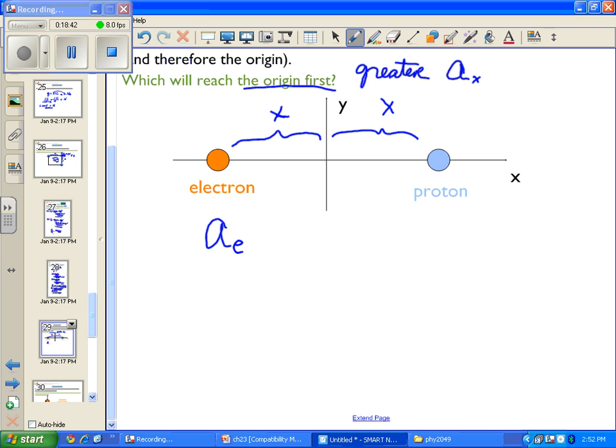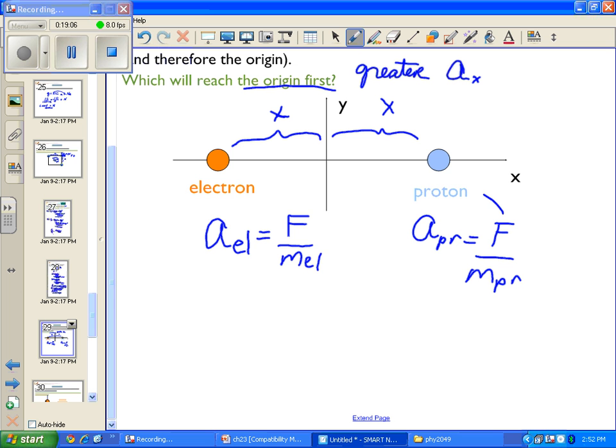Well, in the case of the electron, we have the force between the two, the same for each, divided by the mass of the electron. In the case of the proton, we have the force, same force as the electron experiences, but this time divided by the mass of the proton.